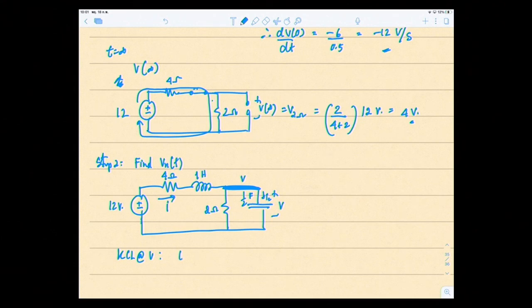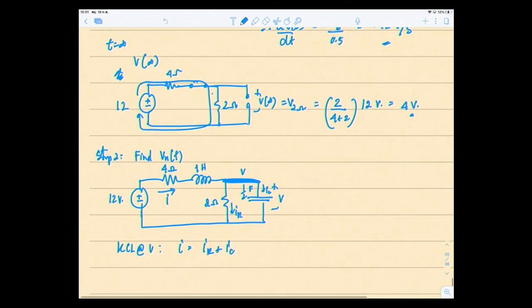So I equals IR plus IC. This is IR, the current across the 2 ohms. So you will get I equals V over 2 plus 1/2 dV/dt. This is equation number 1.